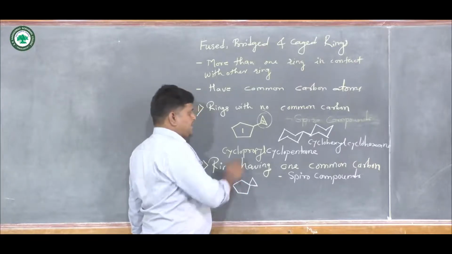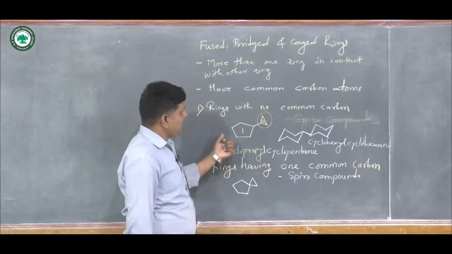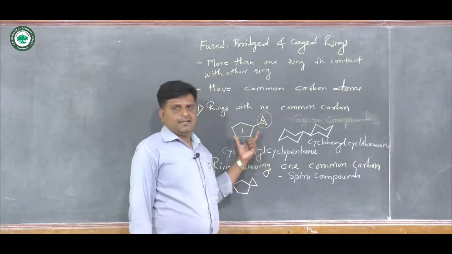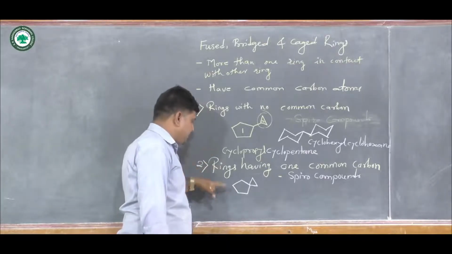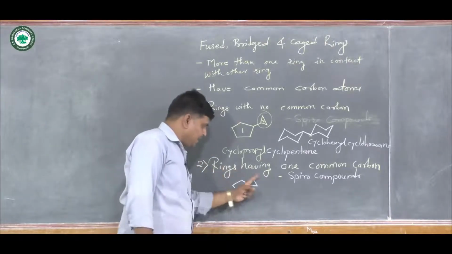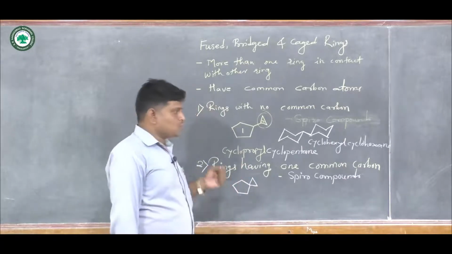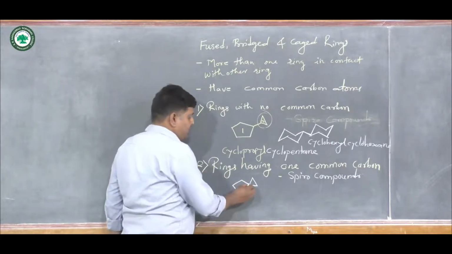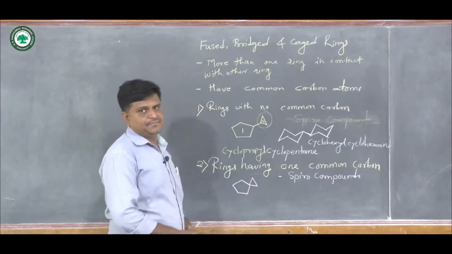In the first example we have 8 carbon atoms, but in this second case only 7 carbons are present, so one carbon is common to both rings.